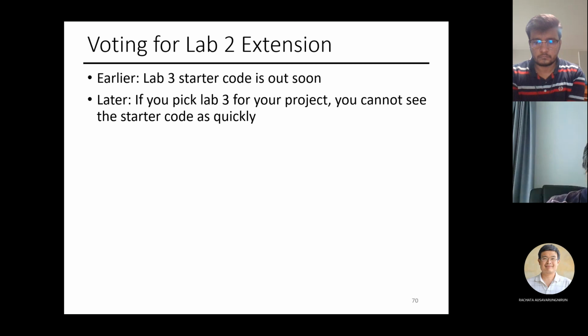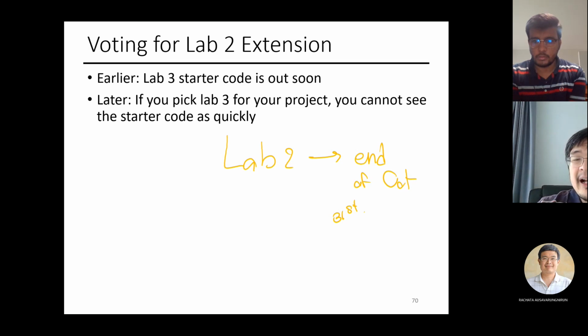So right now, here's my plan. Lab 2 will be due the end of October, so that's the 31st. Yes, but in Canvas, Lab 2 is... Basically, I was waiting for this vote because I want to see where things are. And for example, in this case, you haven't finished.